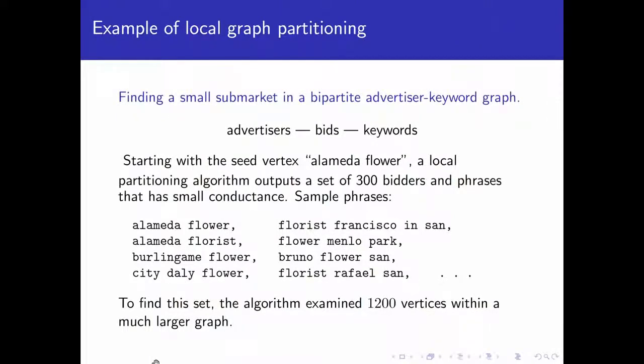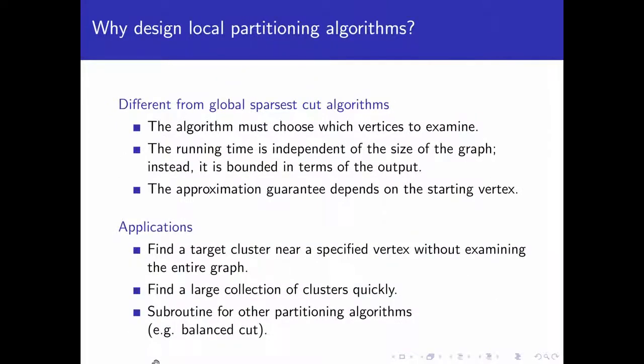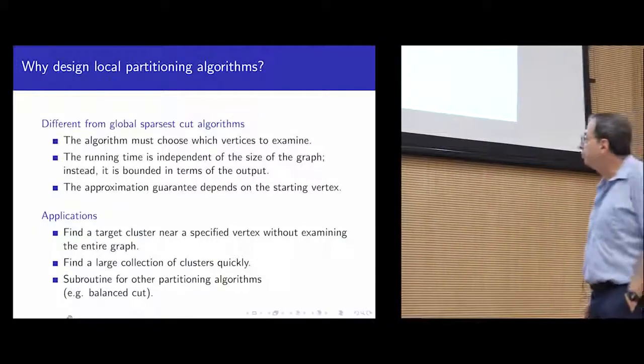But the bigger network is the advertiser and keyword network, where we connect an advertiser to a keyword if that advertiser made a bid on advertising with that keyword. And there are many applications to this kind of local partitioning problem.